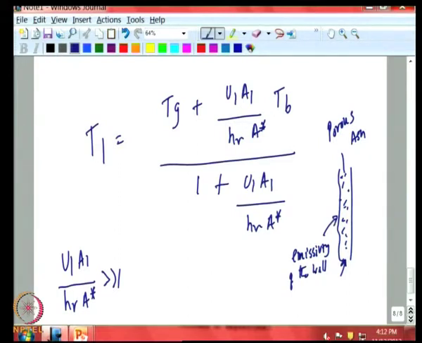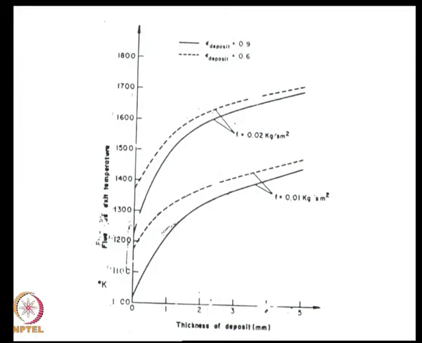So, in the calculation that is shown here, we have taken two different emissivities of the wall. One is 0.9, which would be the case with an ash free tube, and if the ash deposited is light colored, it will have a low emissivity of 0.6.